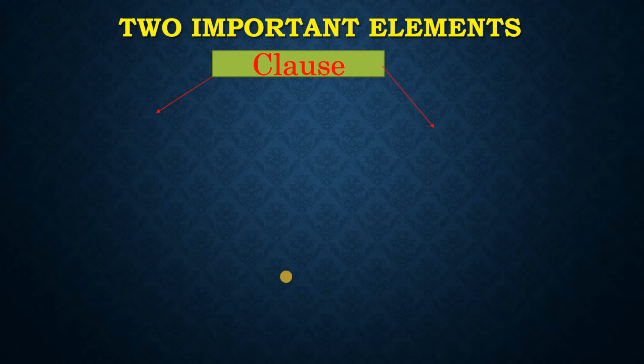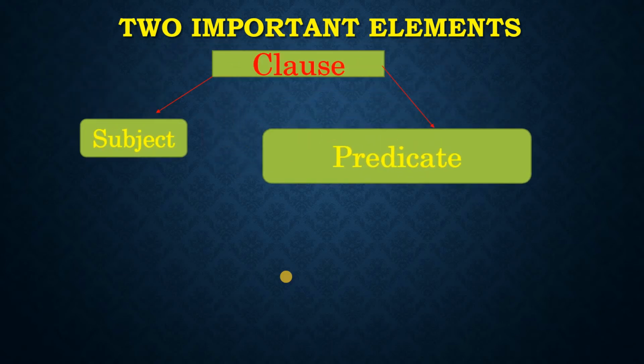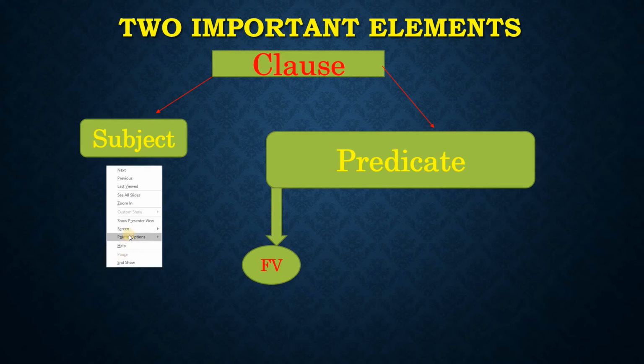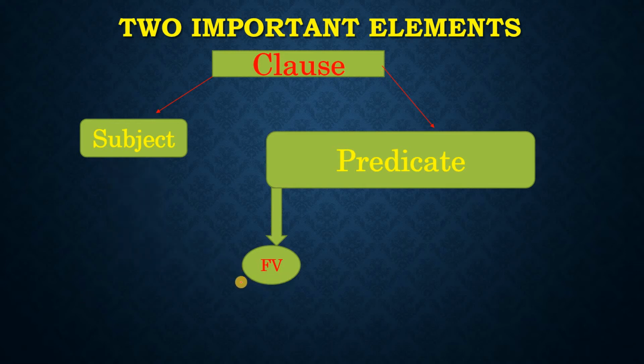Already we know that there are two important elements in a clause. Number 1, subject, and number 2, predicate. Already you know that. So dear students, in the predicate part, there are some important elements included. Number one, finite verb.